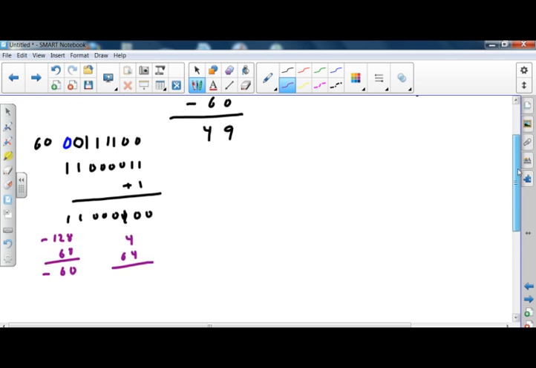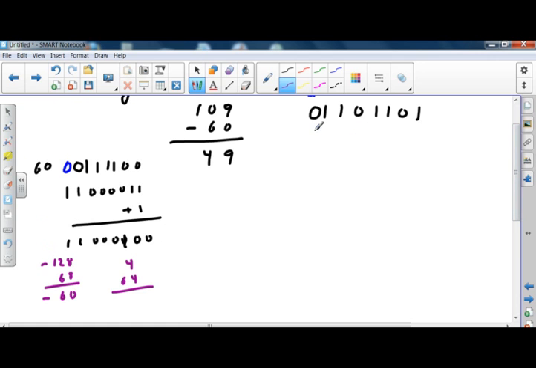Anyway, back to what we're doing over here. So 1, 1, 0, 0, 0, 1, 0, 0. So we put as many zeros in front as we need to have the same number of bits as the other number, whatever it might be.